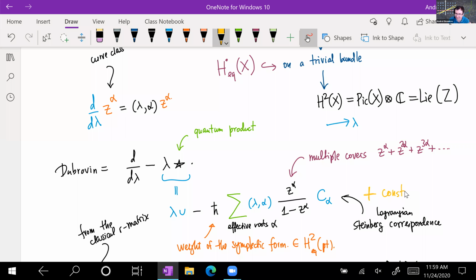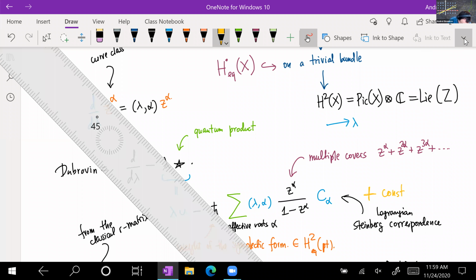So where is that constant determined? It's easy to say in cohomology.